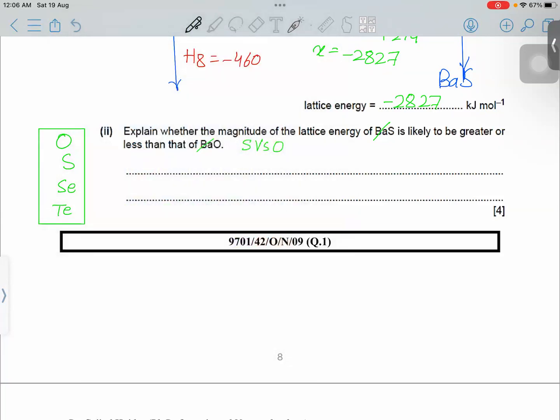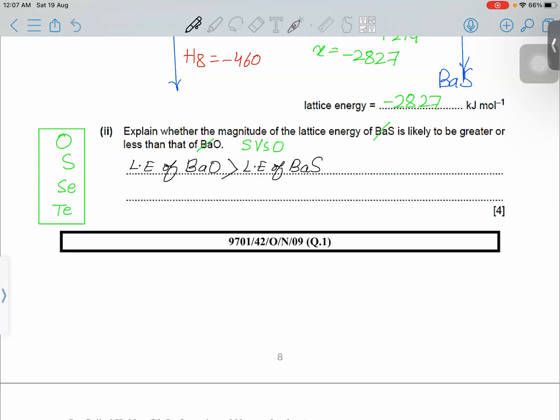Oxygen is smaller, so it will have greater lattice energy. The lattice energy of barium oxide is greater than that of barium sulfide.